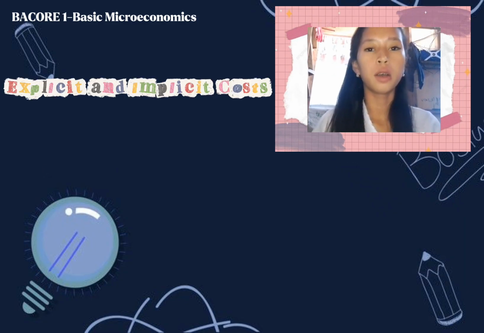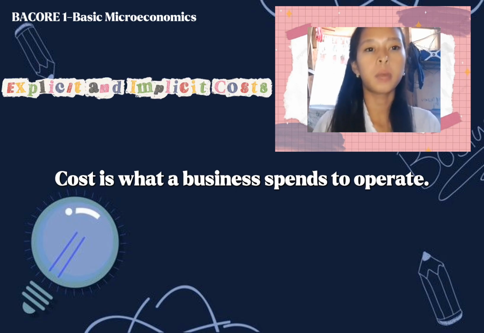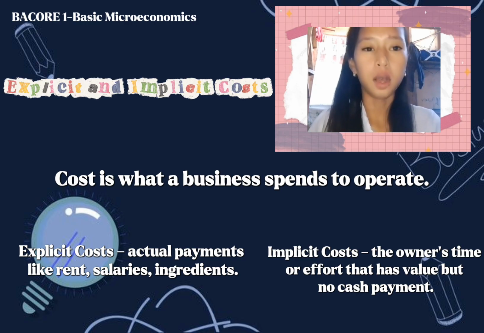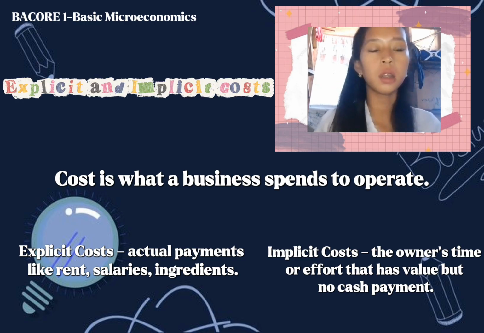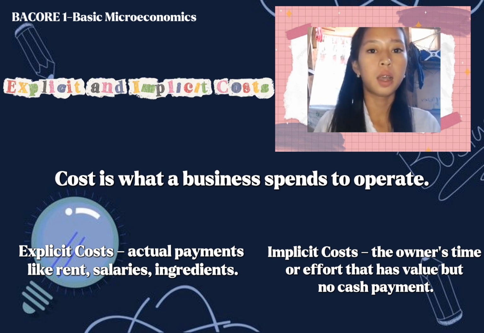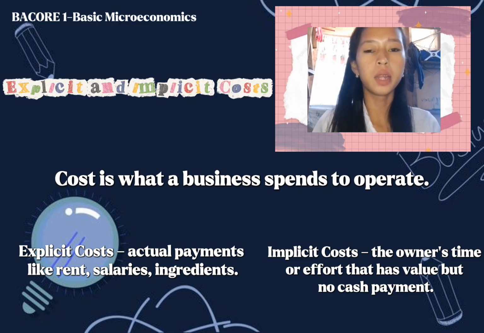Cost. So, ang cost na kuno is mao ni ang nagasto tanan sa usa ka business sa pag-operate nila. So, naay duha ka part ang cost, ang explicit cost and the implicit cost. So, ang explicit cost daw kuno is the actual payments like sa rents, salaries, o kanang mga ingredients.